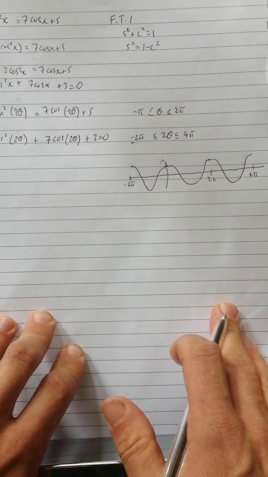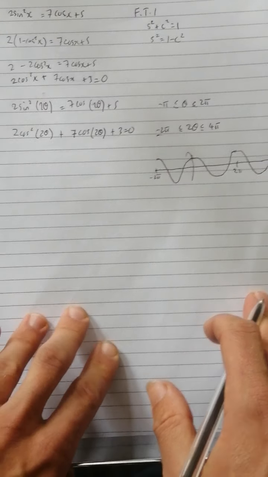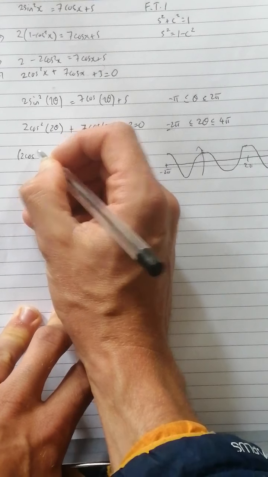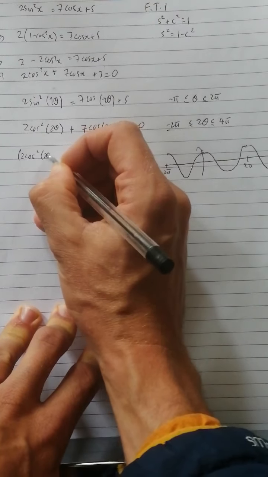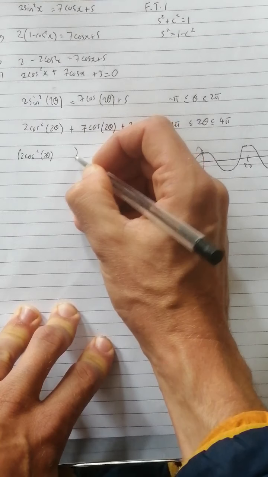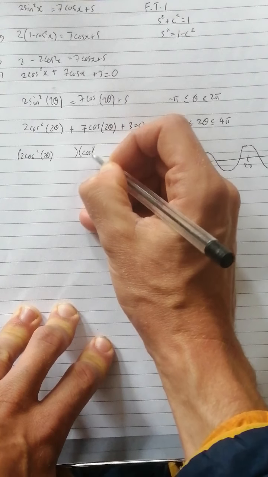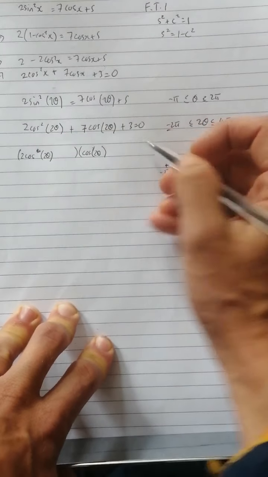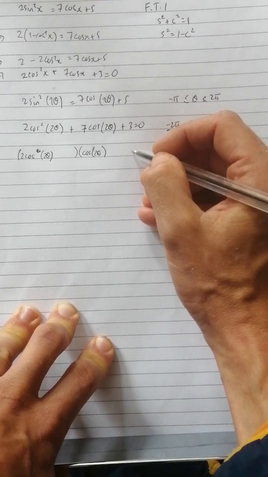Anyway, so we'll factorise that, won't we? So 2 cos 2 theta, cos 2 theta, oh, hang on, no squared there. Okay, everything's prime, so you should be able to do this by inspection.